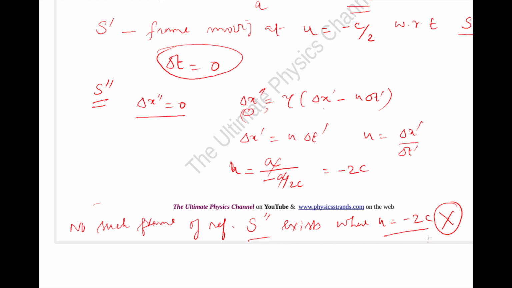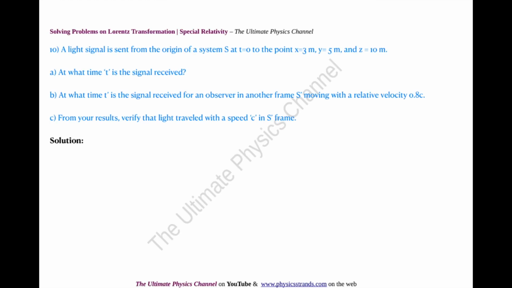Nothing can cross the speed of light. For any inertial observer, no measurement he can make can be faster than the speed of light in vacuum, that is c. So we can conclude that in this case, such a frame of reference cannot exist where the two events occur at the same position. That's the conclusion we can draw from that.